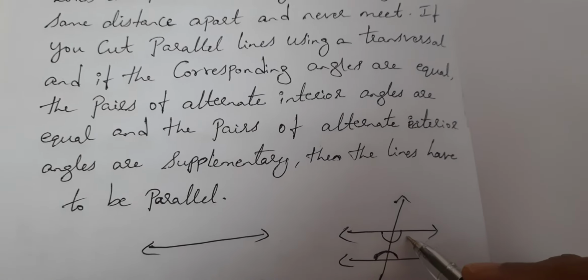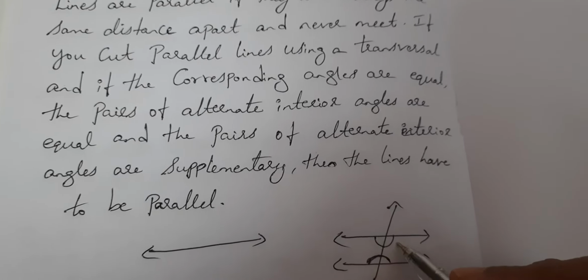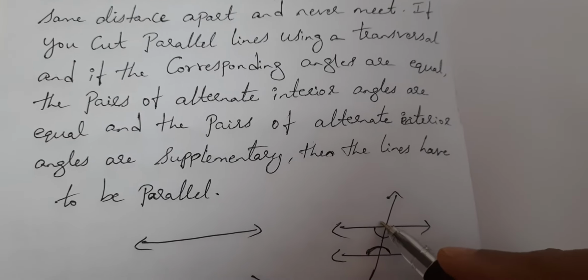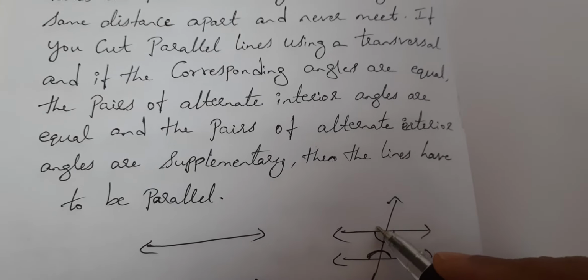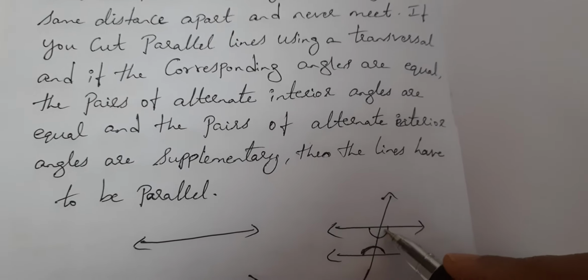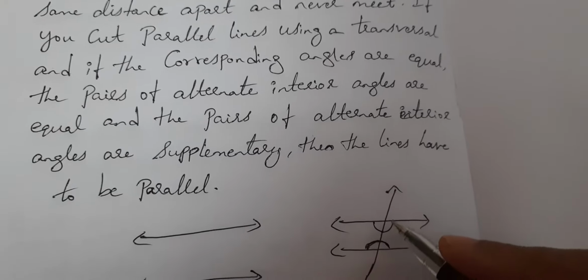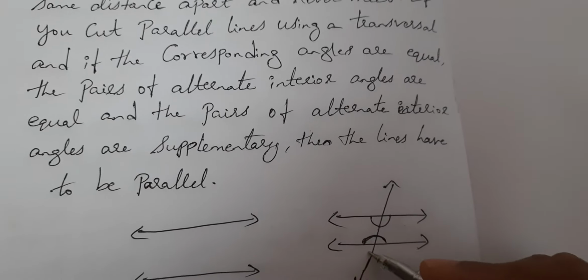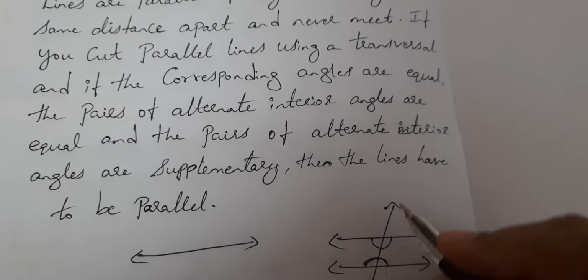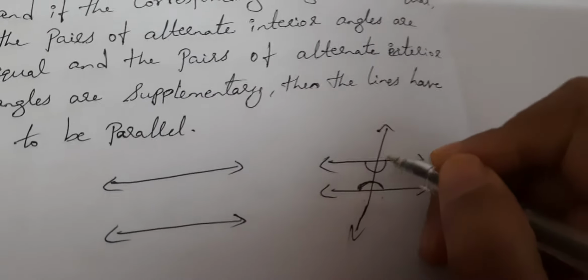And if the corresponding angles are equal, yesterday I also told you what corresponding angles mean. Suppose here 1, 2, 3, 4. Four angles are here, and here also 1, 2, 3, 4 are there. Here I have marked only 2.